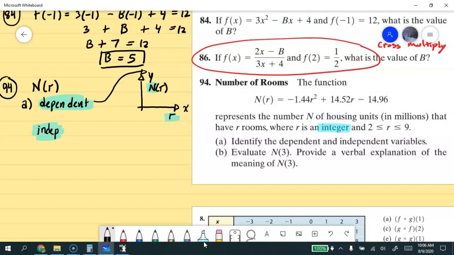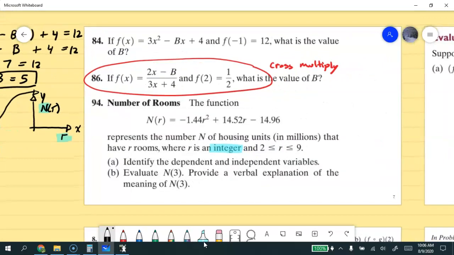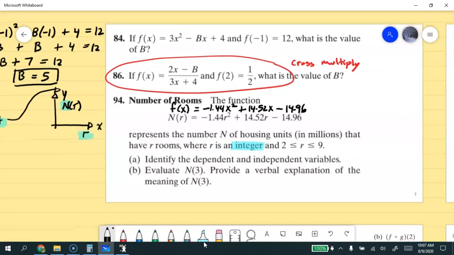How is this similar to what we learned then? Because this whole lesson we've been talking about f of x is equal to negative 1.44x squared plus 14.52x minus 14.96. And all they've done is they've put some teeth into this argument, and instead of calling it f of x, they call it n of r. Okay?